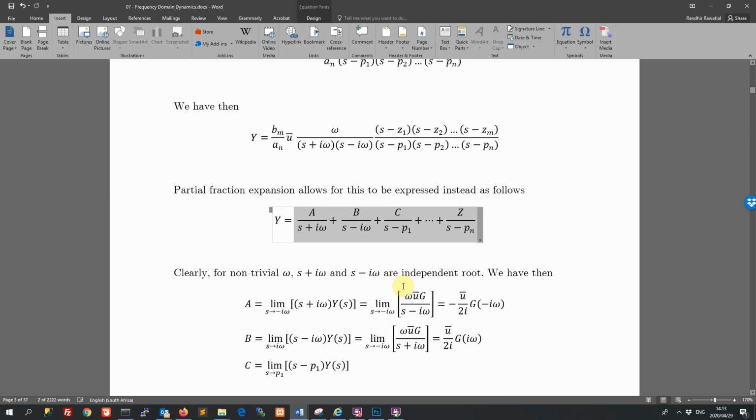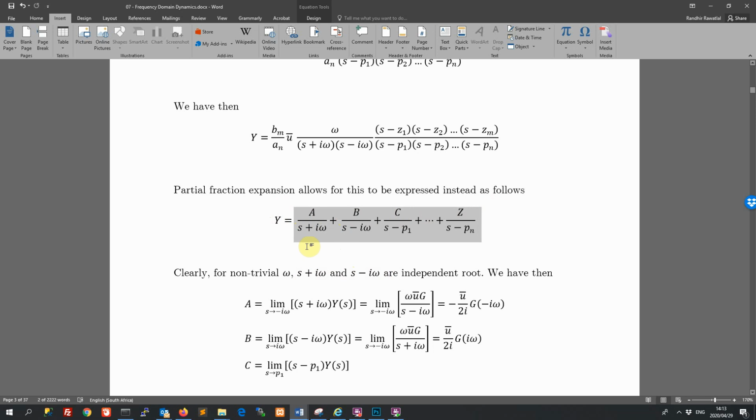And now if we don't have some kind of trivial ω like a zero or something like that, then we can apply s plus iω. So if we multiply both sides of the equation by s plus iω, then that will be cancelled out here, and then s plus iω will survive in all these terms.